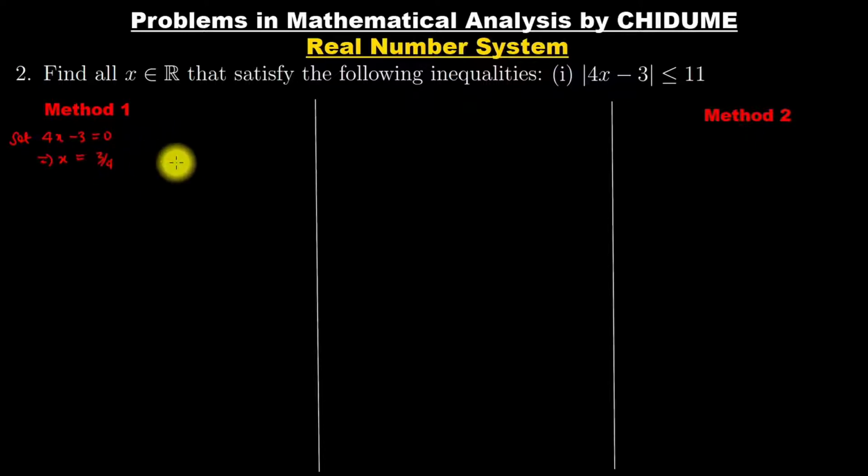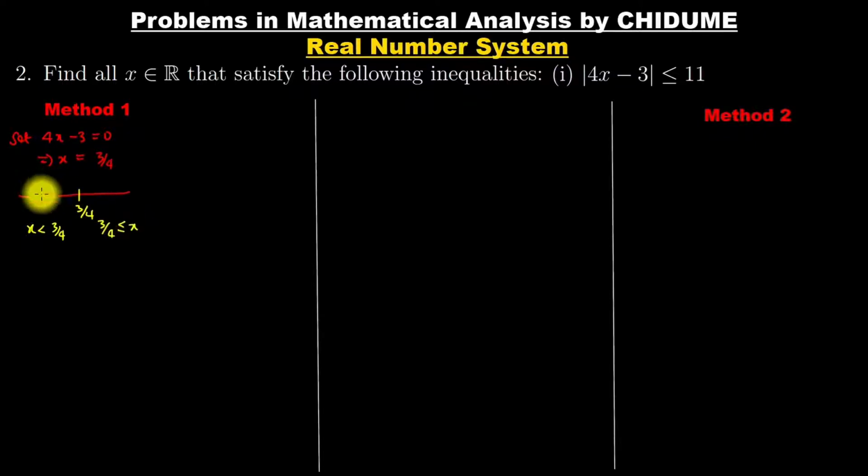Since my solution is on the real line, let me draw my real line. I will have two different sections. This is the point 3 over 4. If I break this into two sections, that is the section where x is strictly less than 3 over 4, and the section where 3 over 4 is less than or equal to x.